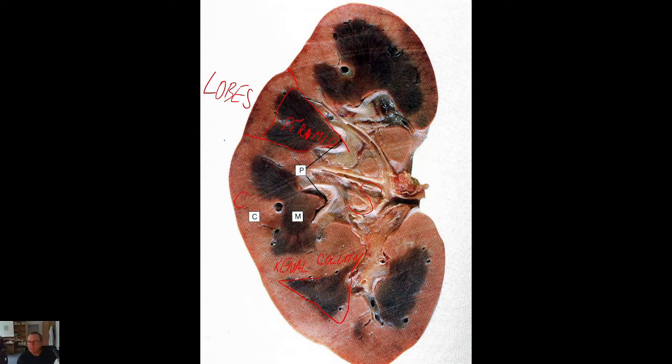That means they have deep grooves between lobes, but in the adult kidney these grooves become shallow or disappear completely. So the kidney is composed of lobes, and each lobe is also composed of lobules, but it will be visible only at the microscopic level, not at this macroscopic level.